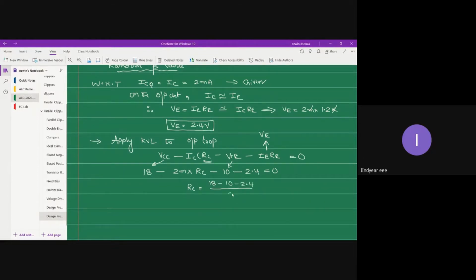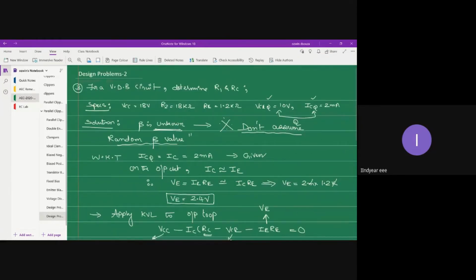RC is equal to 18 minus 10 minus 2.4 divided by 2 milli. In terms of kilo, how much will you get? If someone can calculate, 18 minus 10 minus 2.4 is 5.6, divided by 2 gives 2.8 kilo ohm. So that's your RC, 2.8 kilo ohm.